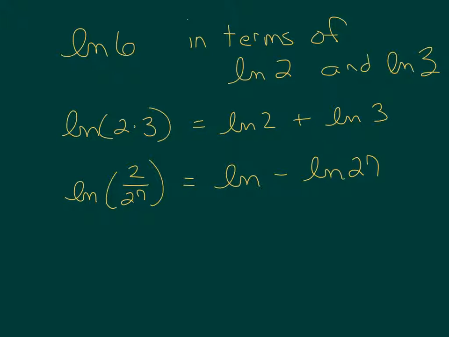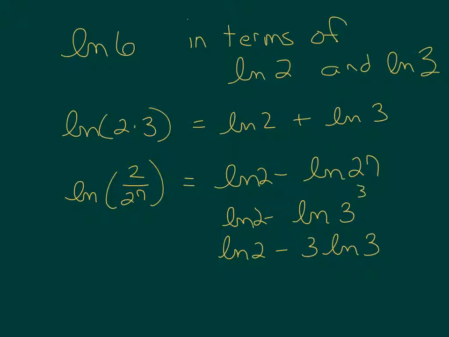How can 27 be written in terms of 3? Yes. How, William? 3 to a power. Okay, so this could be rewritten as the natural log of 2 minus the natural log of 3 cubed, but we're not finished because that's the natural log of 2 minus 3 times the natural log of 3. We would say that that's fully expanded at that point. We've separated it out as much as we can separate it out.